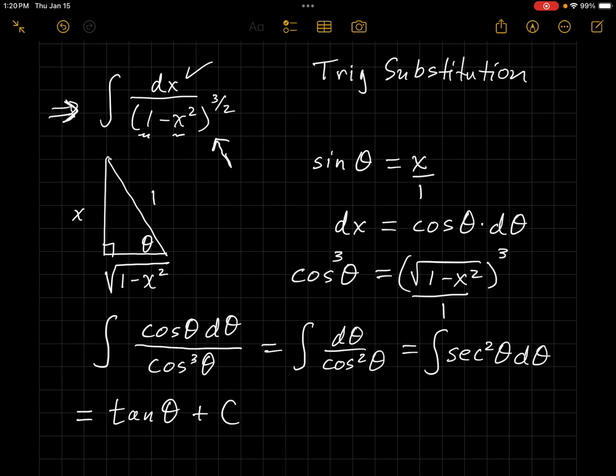But just like with u substitution, when we should go back to x's, with trig substitution, we should also go back to x's. And we can go back to our right triangle and find the tangent of theta. Well, the tangent is opposite over adjacent. And that gives us the antiderivative.